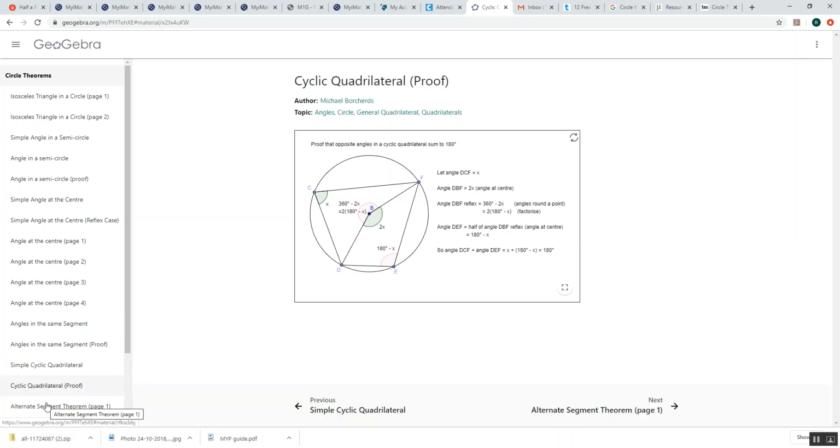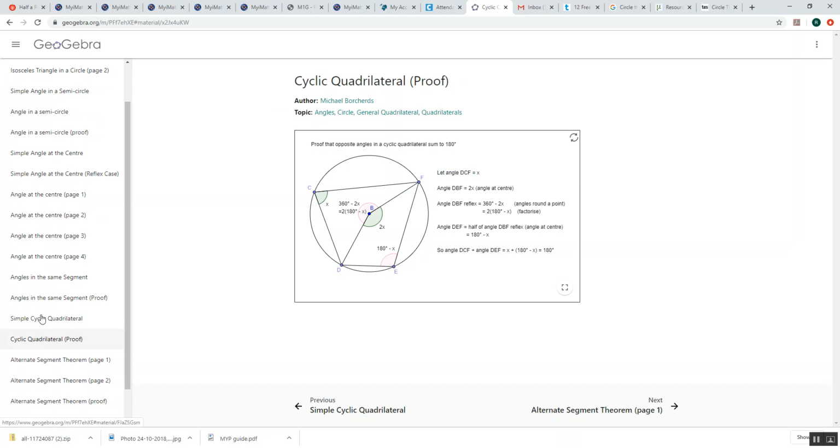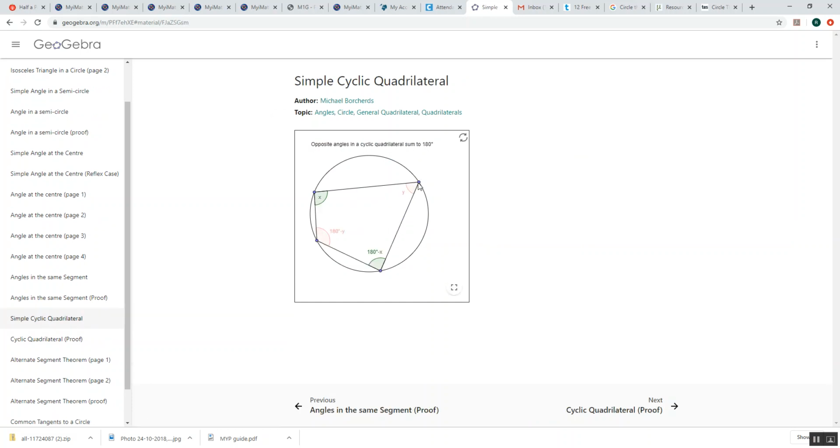Yesterday we looked at the cyclic quadrilateral. What does this tell us? Opposite angles add up to 180, right? But you have to remember that all 4 points have to lie on the circumference for that to work.